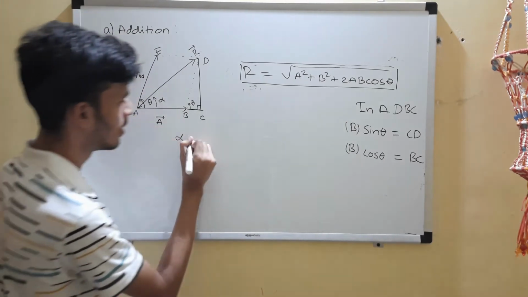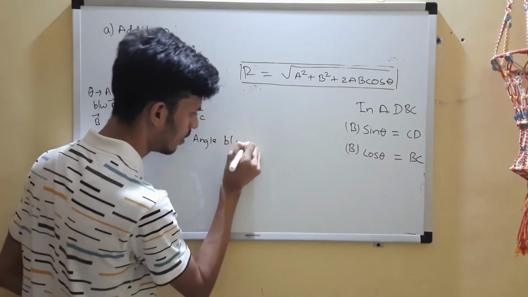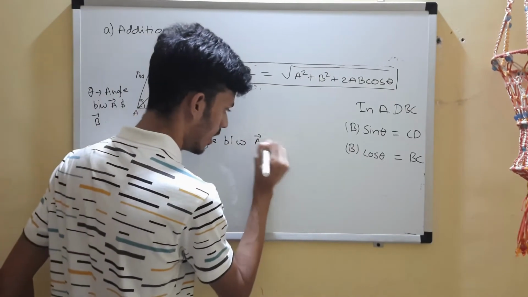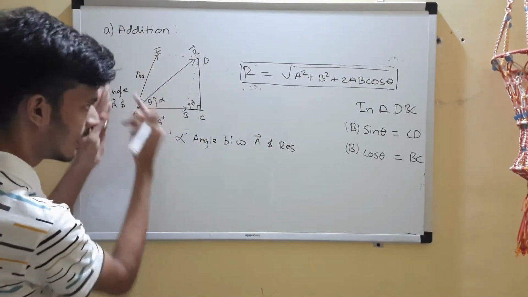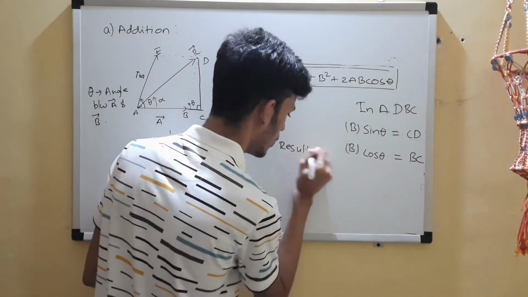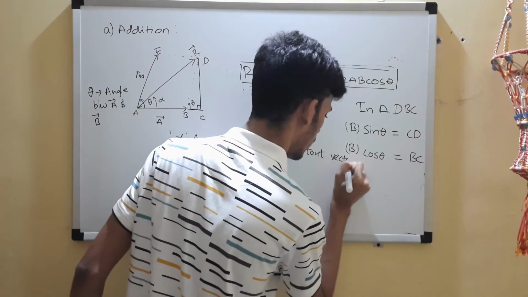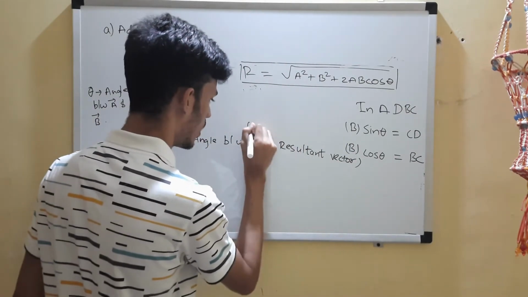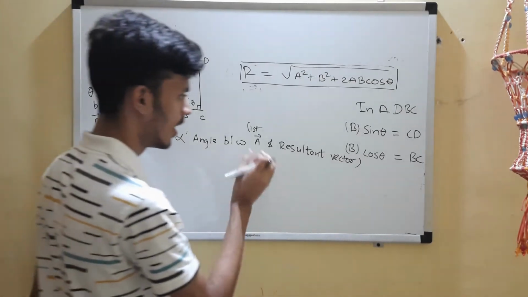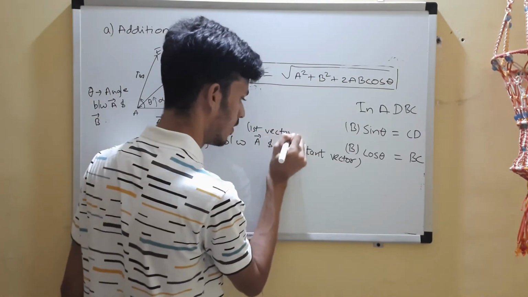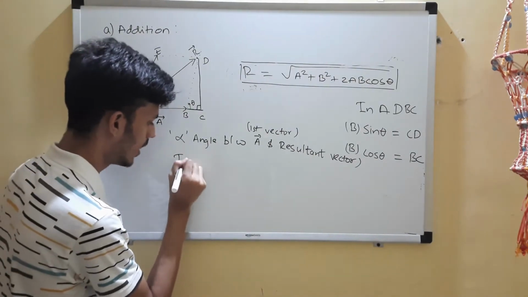Alpha is the angle between vector A and the resultant vector. Actually, we can call it first vector; this is the first vector, this is the second vector. So angle alpha is the angle between the first vector and the resultant vector.